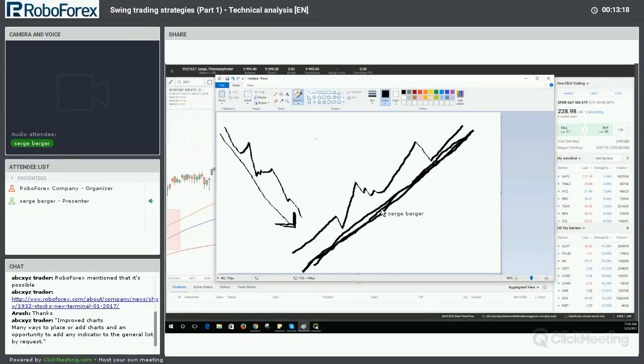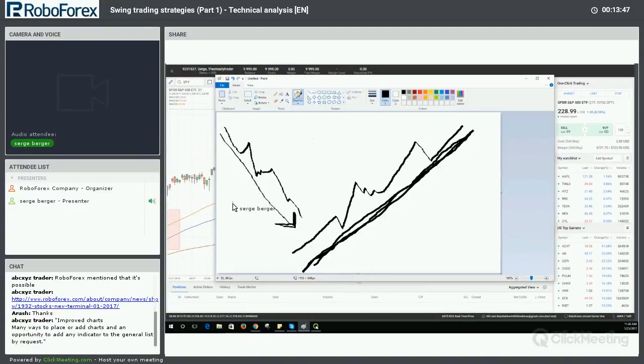So a swing doesn't have to be very choppy with big swings. A swing, or swings plural, can also take place within a bigger picture, either a bear trend, which is this example here, or a bull trend, which is this big example here on the right hand side. Okay, so that's very important to understand.